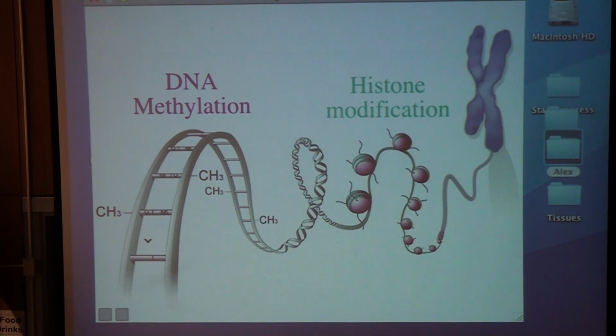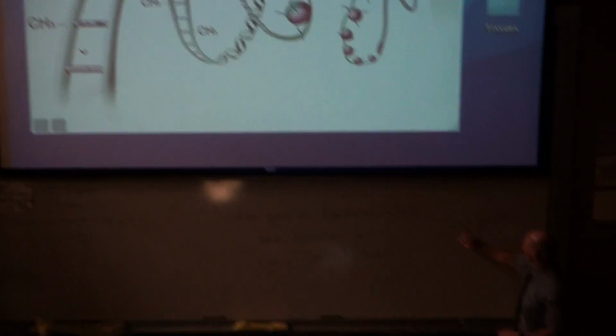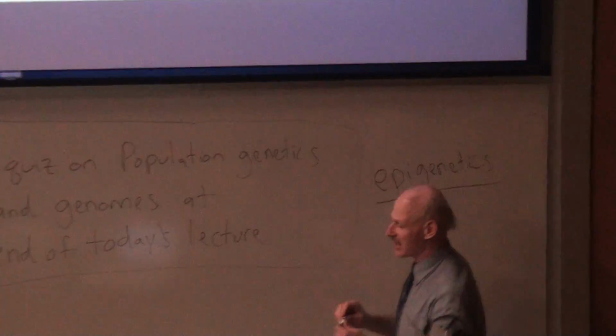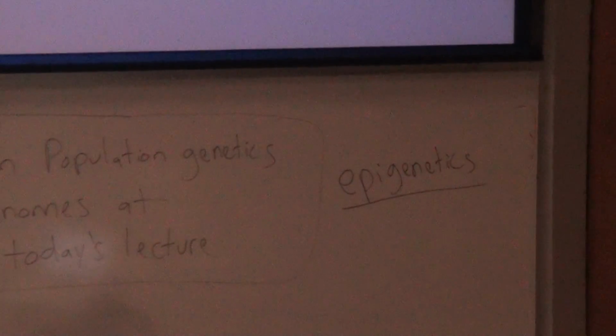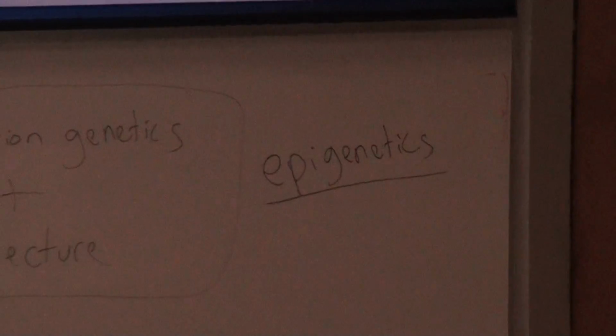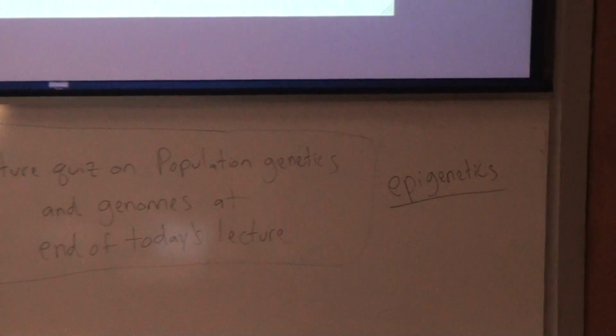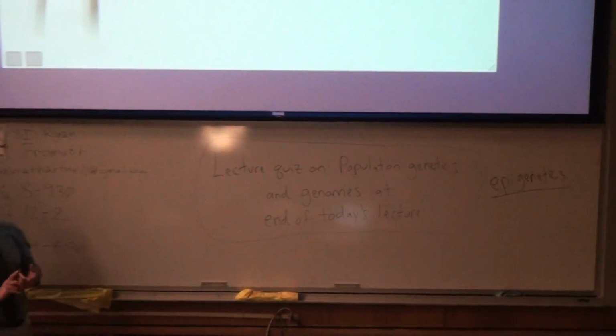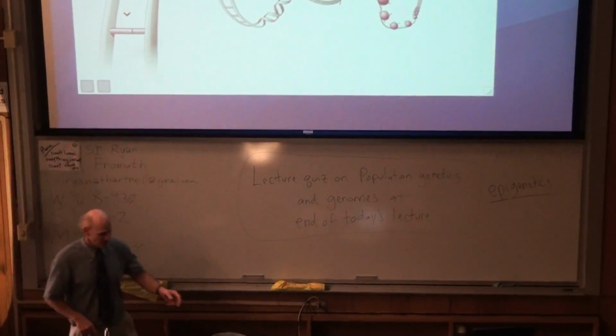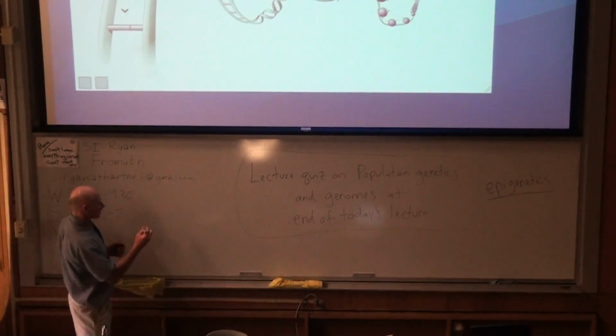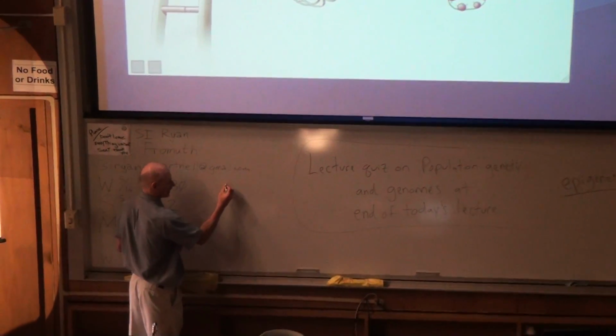But in your readings, you may come across a term called epigenetics. The prefix epi means above or beyond. The reason why they coined this term is that Mendelian genetics, as we discussed them so far, aren't always sufficient to understand gene expression. Let's say we were talking Mendel's pea plants.